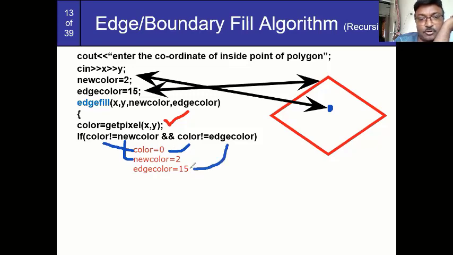This is also not equal. It means the condition is satisfied. Both conditions satisfied means I have to fill this polygon. So I have to start the filling over here. Now this filling is going from this point to the edge.